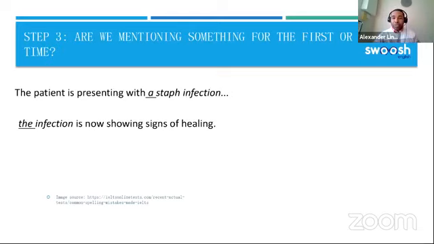However, when we refer to the infection later in the letter, we now use the definite article because now the reader has knowledge about the staph infection. So using the is a way to communicate the fact that we are referring to something that we have already mentioned. So we've got the patient is presenting with a staph infection to begin with, a staph infection. Then we say the infection is now showing signs of healing. So the referring to the fact that we've mentioned the infection before.